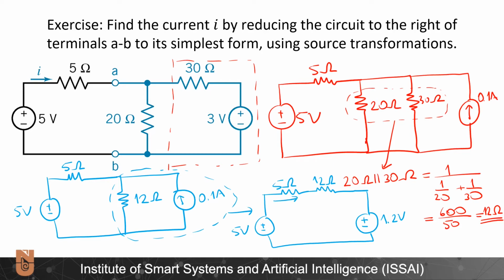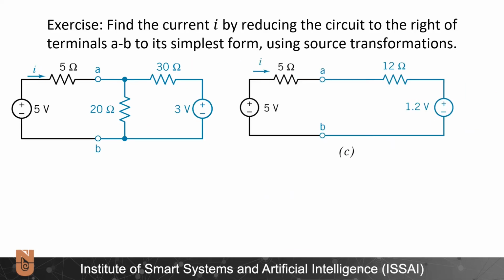The current I is still the same current I, and it's flowing over this 5 ohm resistor. Using source transformations, we generated the circuit on the right from the circuit on the left. So simply I will write the KVL for this circuit, which will be 5 times I plus 12 times I plus 1.2 is equal to 5.